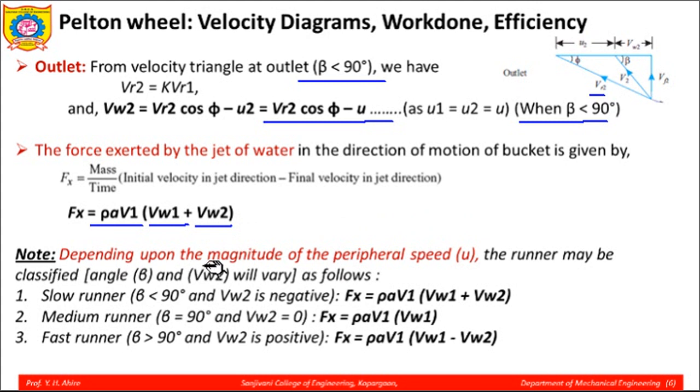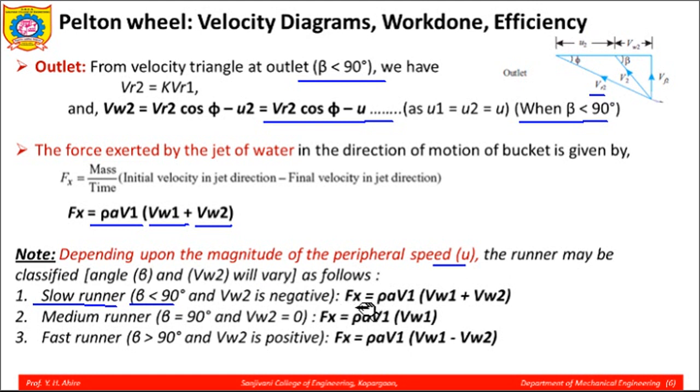Note, depending upon the magnitude of the peripheral speed of the runner of the buckets, the runner may be classified as follows. First is slow speed runner. It means beta angle is less than 90 degree and Vw2 is negative, towards the left.